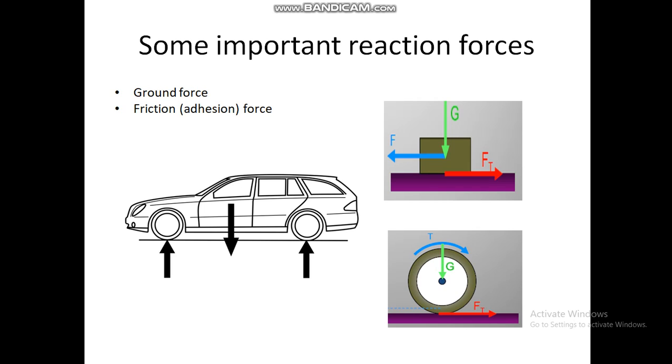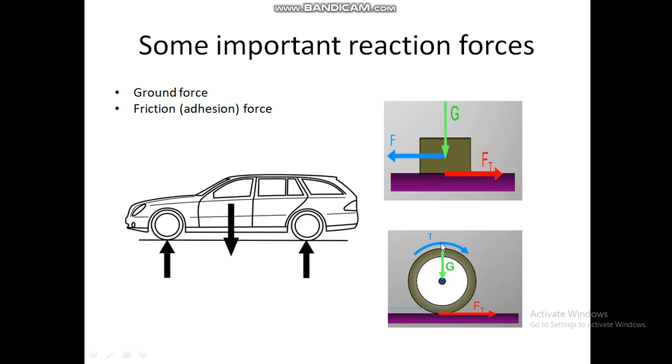For the ground force, we look at the car diagram. This is the vertical downward force. This is the reaction of the tires, front axle and rear axle. This is the original force diagram. Gravitational force G, forward force, and backward force Ft. Ft is called the traction force.